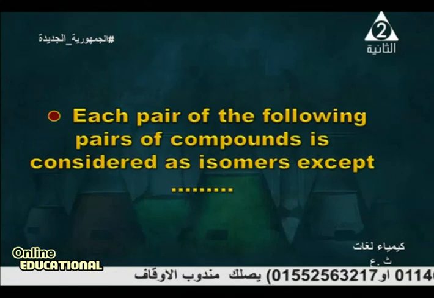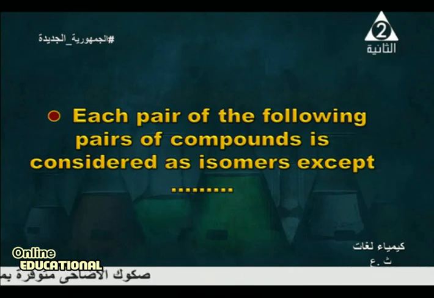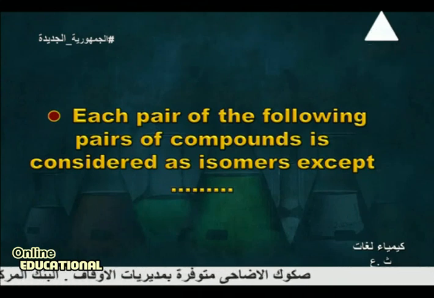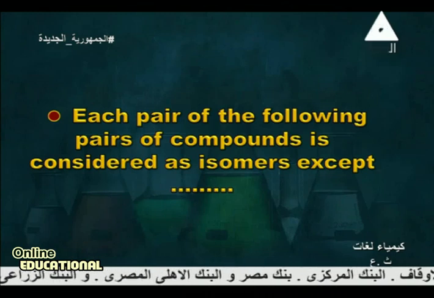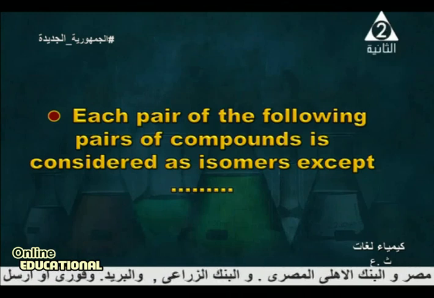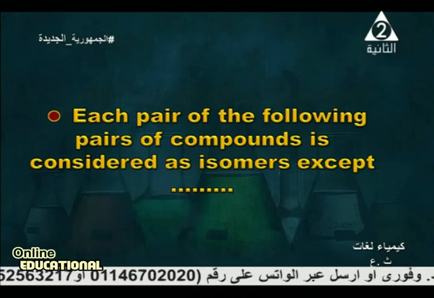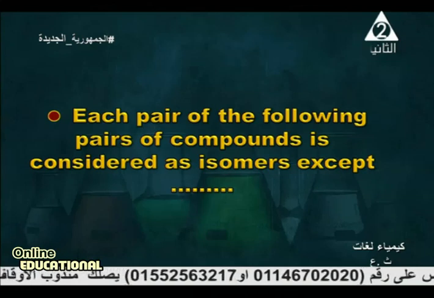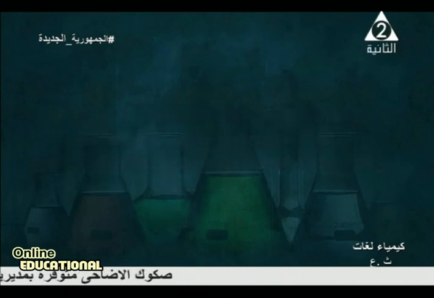What about this? Each of the following pairs of compounds is considered as isomers, except. Don't forget, when I say isomer, it means different structure but same molecular formula. Let's see the first choice.